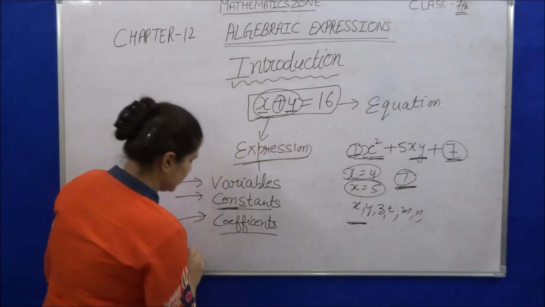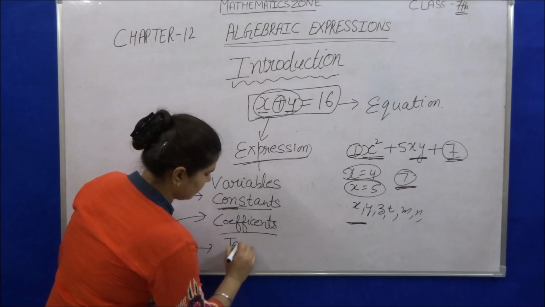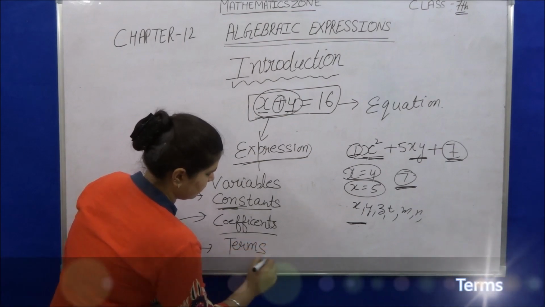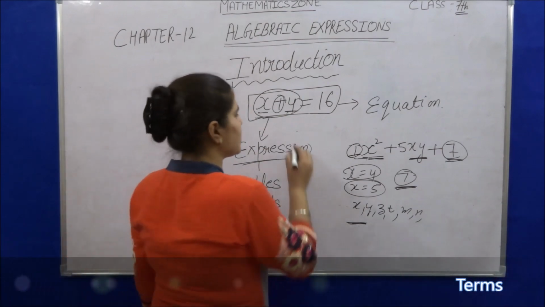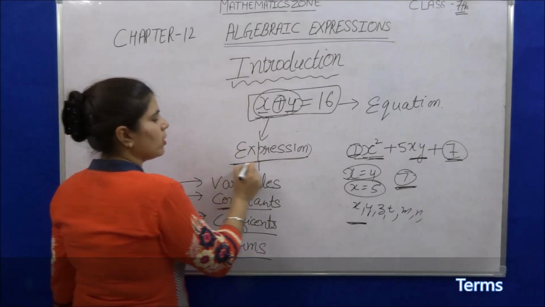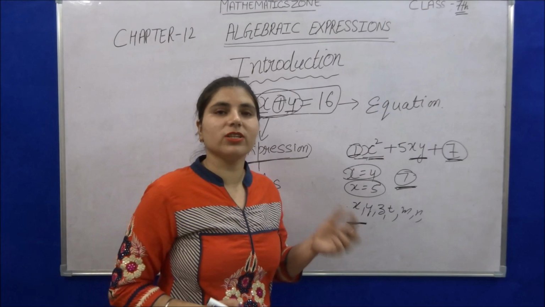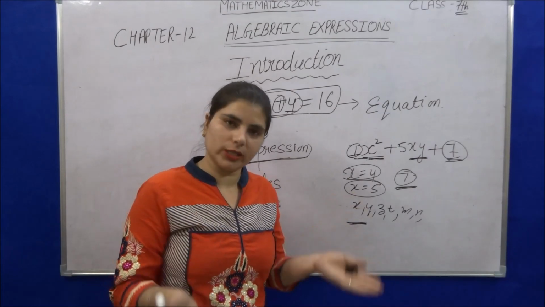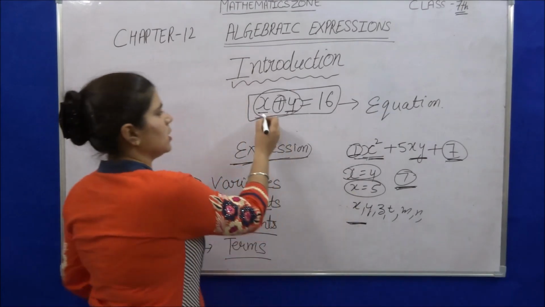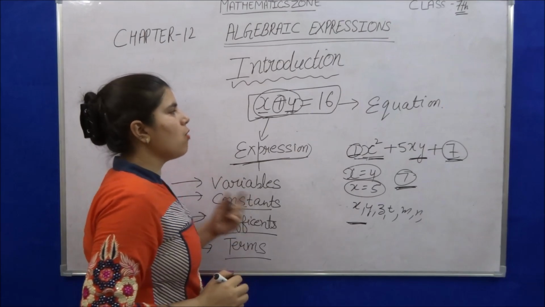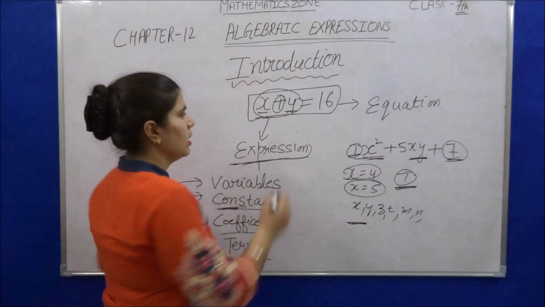Next is terms. As we already defined, an expression is something made from two or more terms. Here 2 terms are given to us. Now how will we identify the terms?